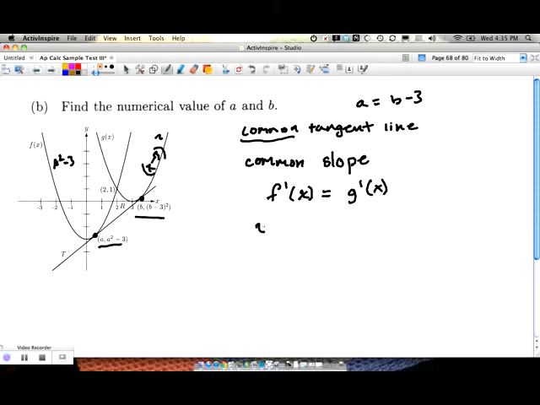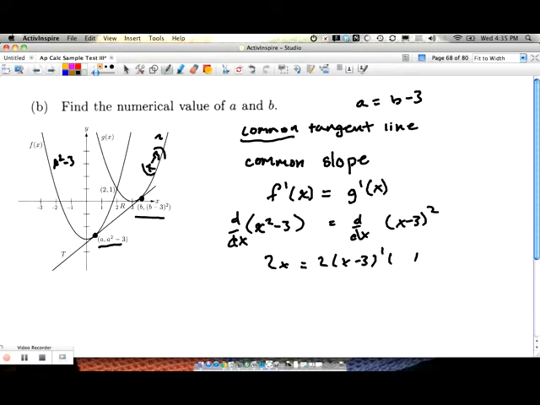F prime of x, so that's the derivative of x squared minus 3. And then over here we have g prime of x, so that's the derivative of x minus 3 quantity squared. If we take the derivative of the first one, we're going to get 2x equals, and then over here we're going to have a chain rule, so it's going to be 2 times something to the first power, then times the derivative of the inside.